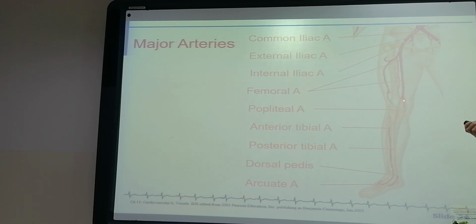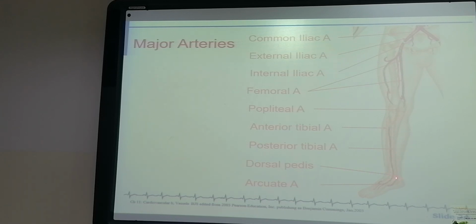Then this is the femoral artery, which takes its name from the femur bone because it is near to it. Then we have the popliteal artery at the joint, and the anterior and posterior tibial arteries.